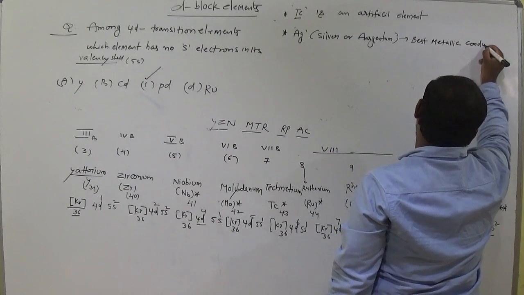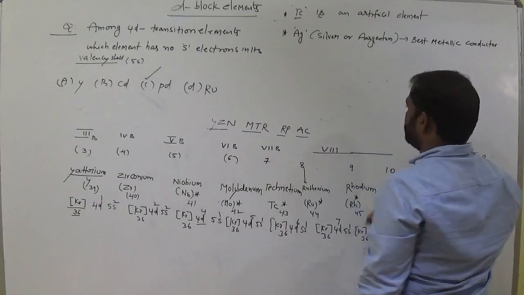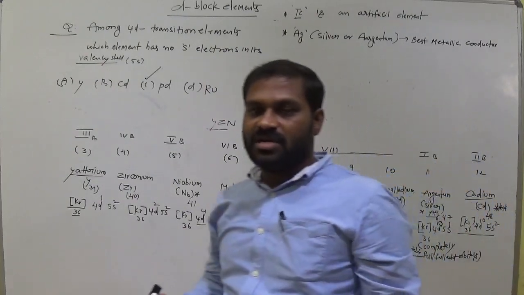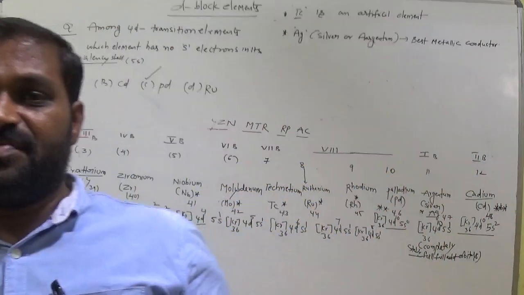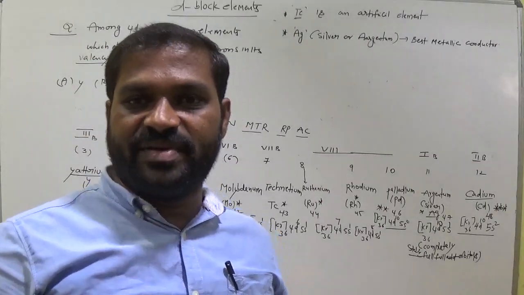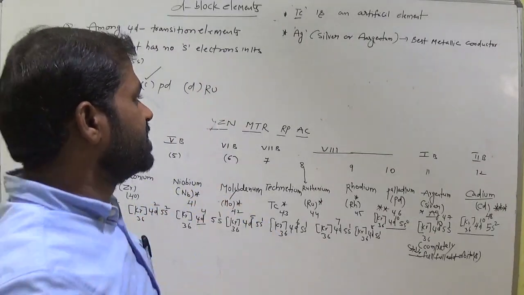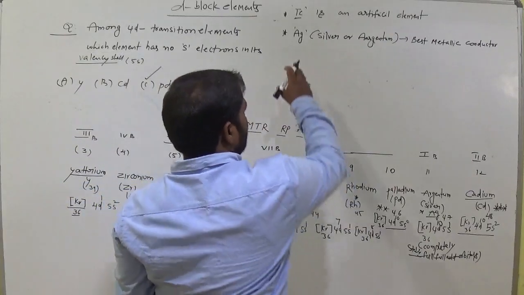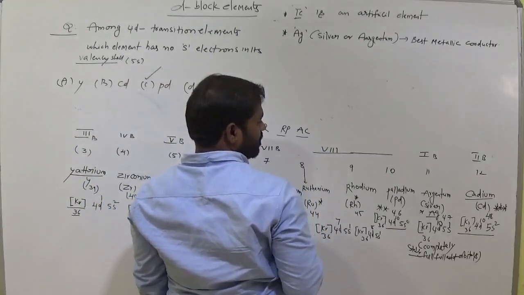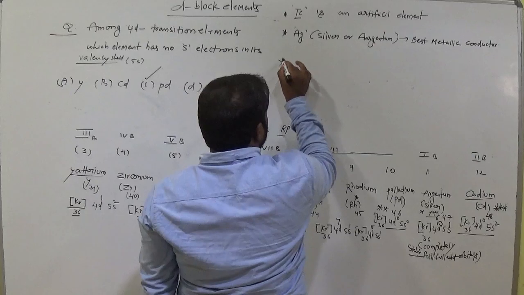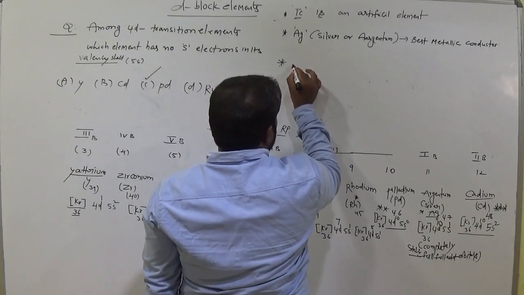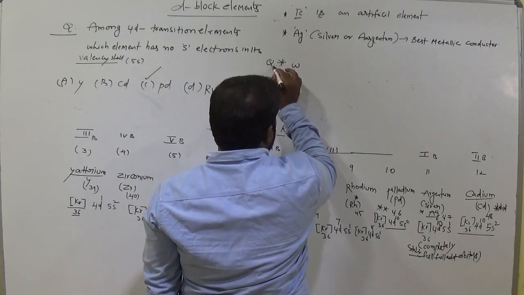Metallic conductor, that means electrical conductor. So silver can allow electricity very easily compared to all the transition elements. Remember this phenomenon. So it is the best electrical metallic conductor. It is a metal. Okay, clear up to now. Write the question.